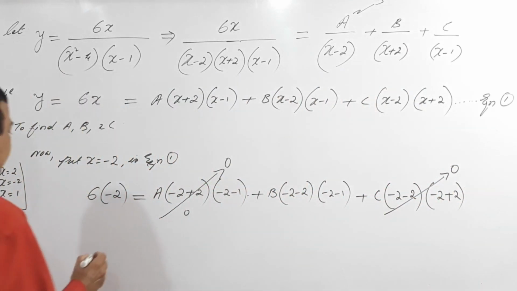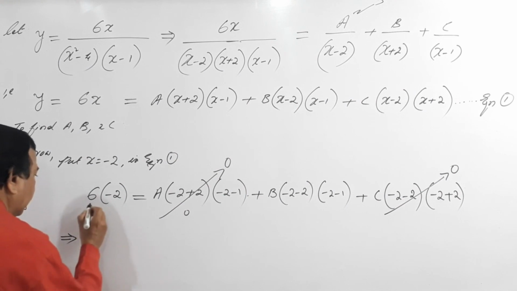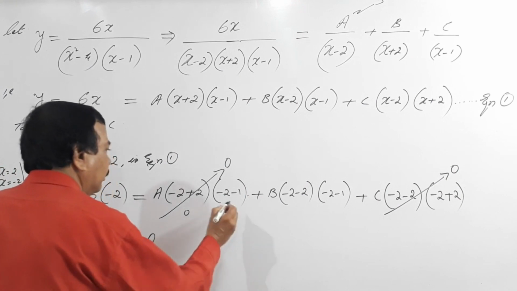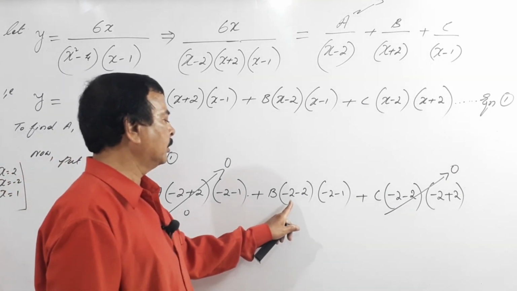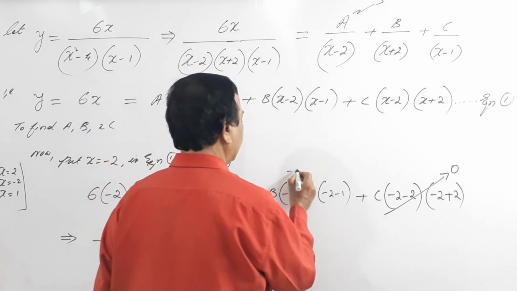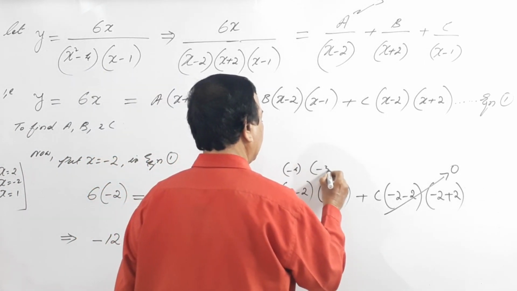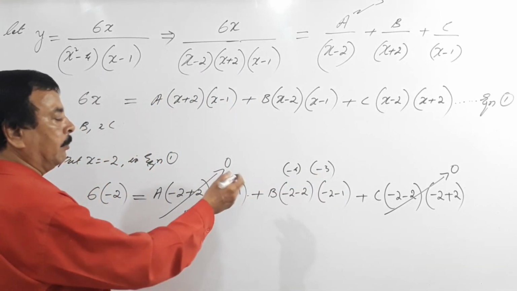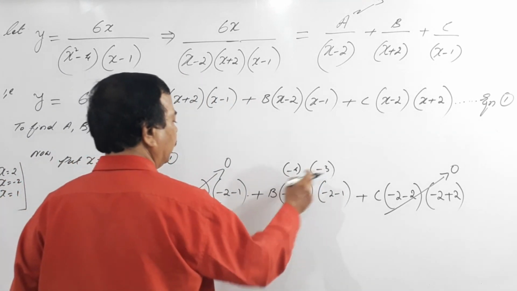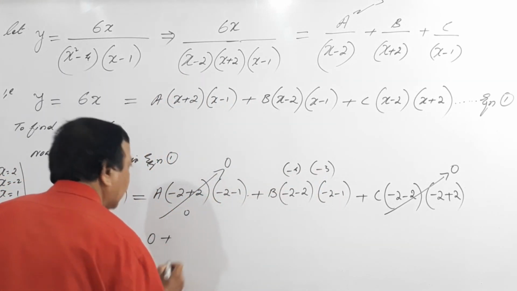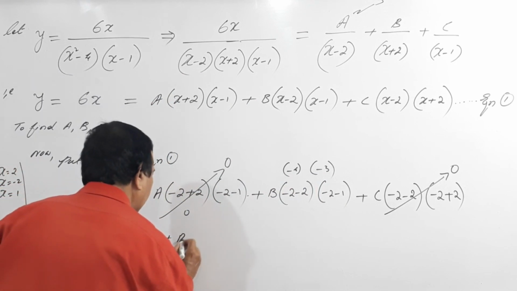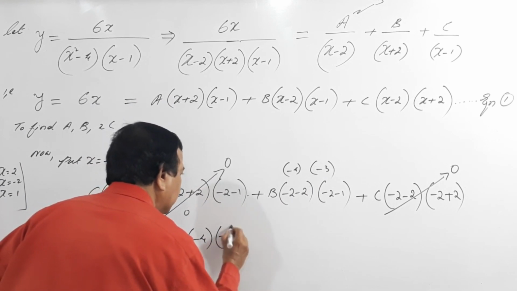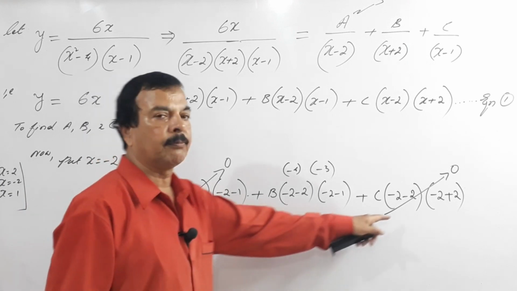So what happens to the left hand side? We will have minus 12 equals 0 plus, this is minus 2 minus 2, this becomes minus 4 into minus 3. So minus into minus is plus, 4 into 3 is 12, b into minus 4 into minus 3, and this becomes 0.